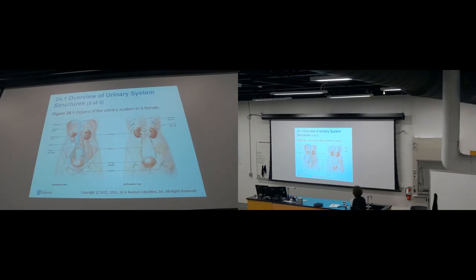So here's the location of these urinary system structures. So here we have the paired kidneys in the retroperitoneal space. This is the superior pole where you have the adrenal glands, and then medially the kidneys, they have an indentation that we call the hilum, where the renal arteries come in, the renal veins come out, lymphatics come in, and nerves come in.